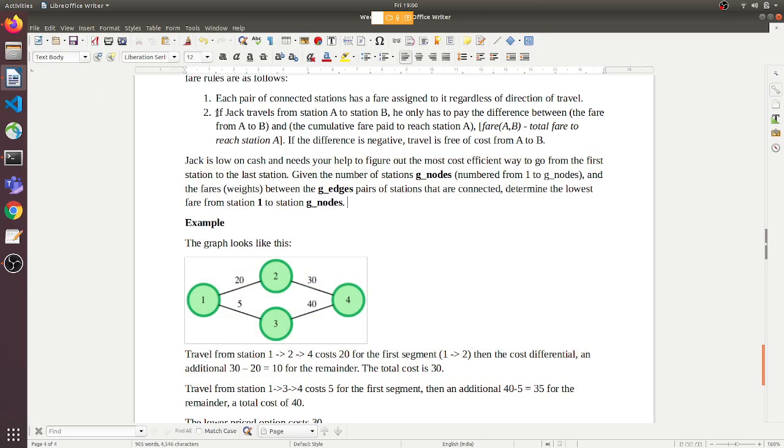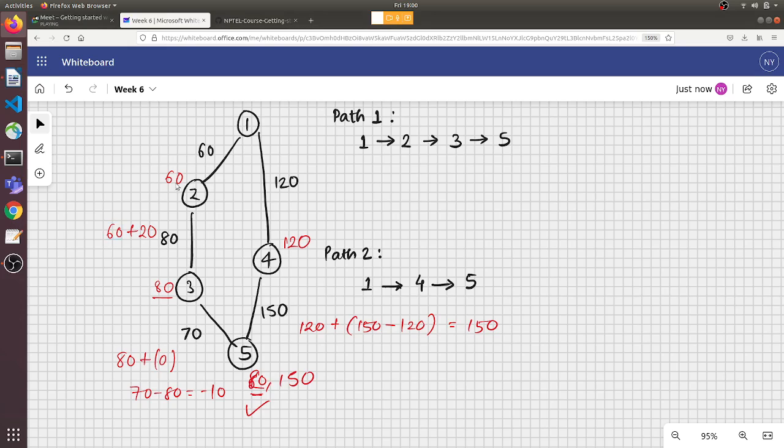But the cost function is clear, right? It does not keep adding. There is a different cost function here, and we can simplify it.